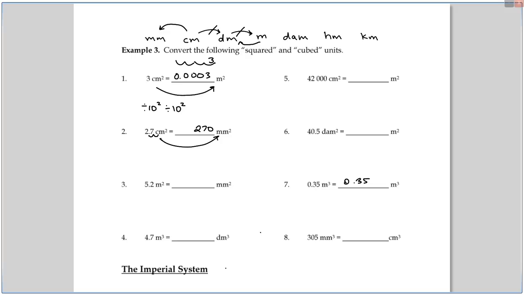Good. And then we have to decide, does our number get bigger or smaller? Well, the unit got smaller, so it should get bigger. How many jumps? 1, 2, 3. Because each jump is worth 3. 4,700. So try 8. Try 5 and 8. Then we move on.